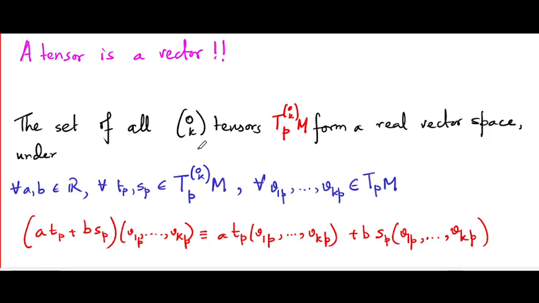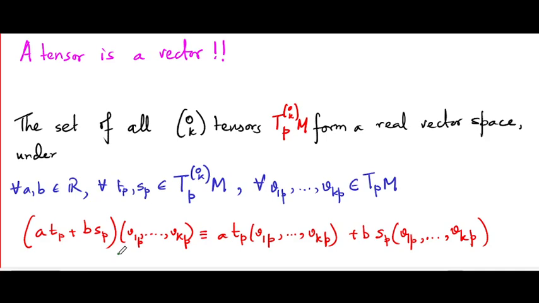They both must be (0,k) tensors, because otherwise you will not be able to feed the right number of vectors into T_P and S_P respectively. But once we have that, if we confine ourselves to tensors of the same rank, all of them (0,k), it's easy to see that this is a well-defined tensorial object. Not only that, this combination obeys all the basic demands that you have for a vector space.